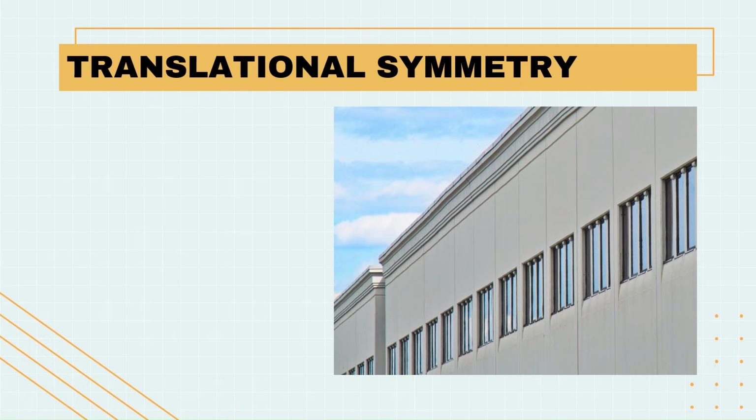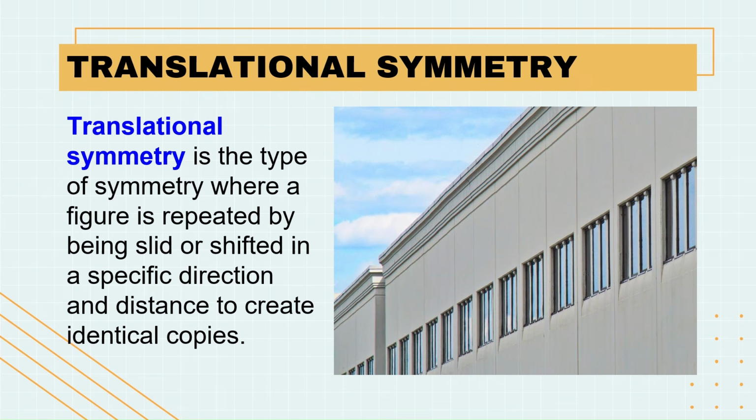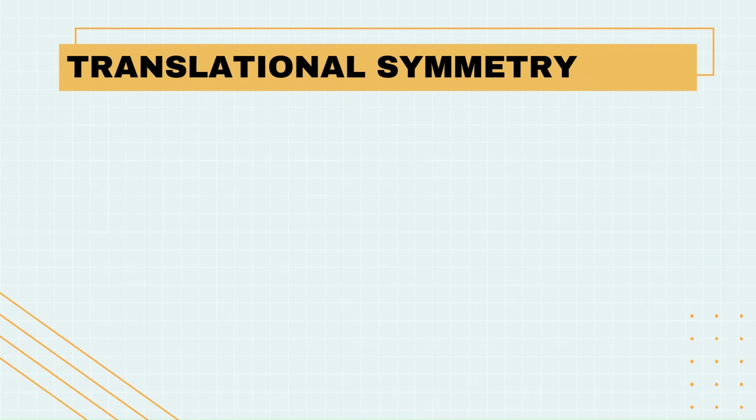Translational symmetry occurs when a pattern repeats itself as it is moved or slid in a straight line. Unlike reflection and rotation, this type of symmetry does not involve flipping or turning. Instead, the entire figure is shifted in one direction while maintaining the same orientation.